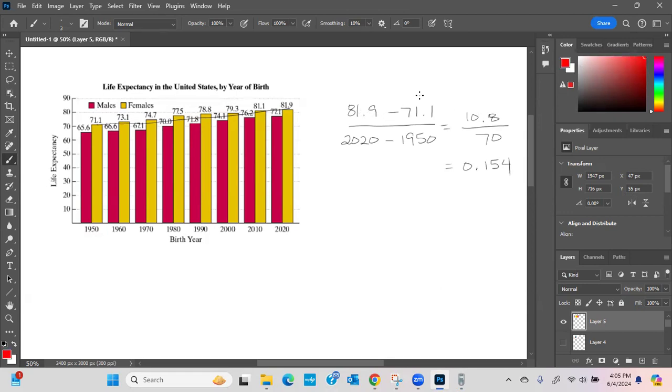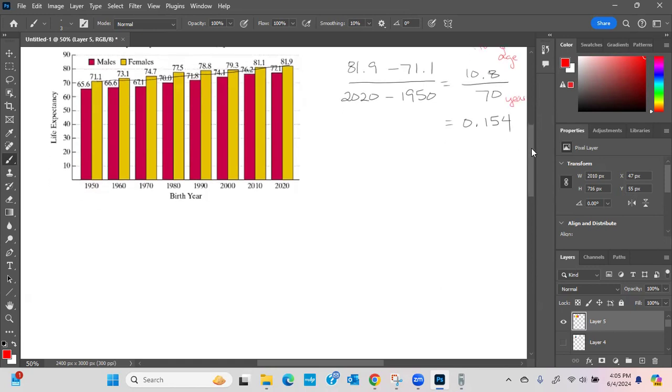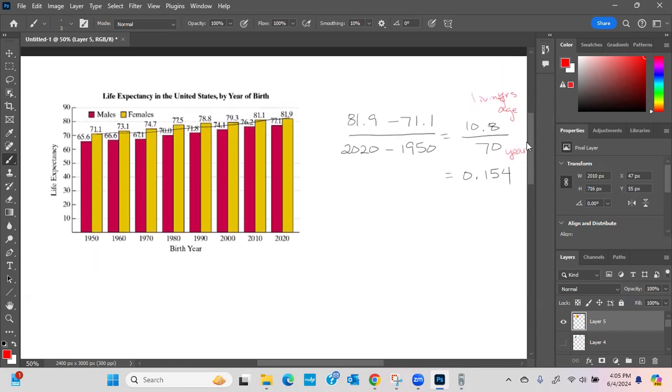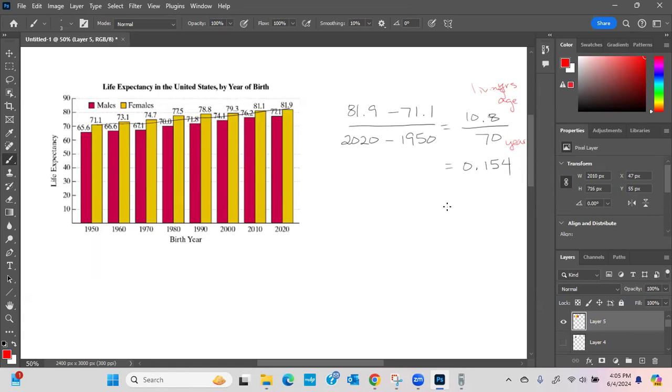The top numbers are age or years, living years. And the bottom is actual years. So we've got life expectancy over the number of years.